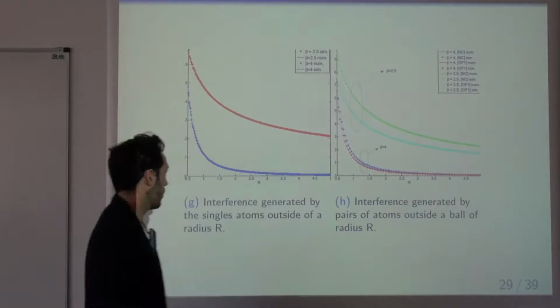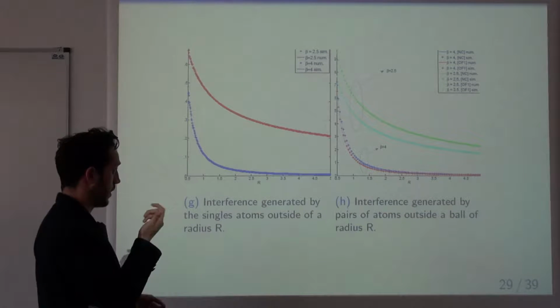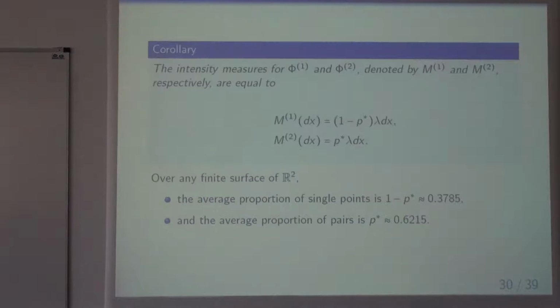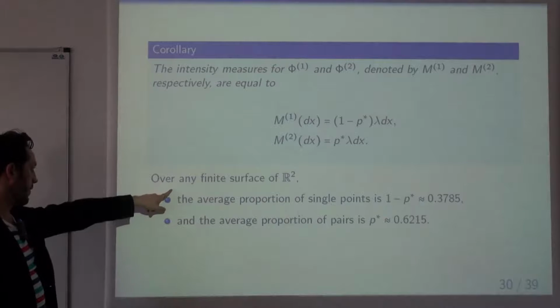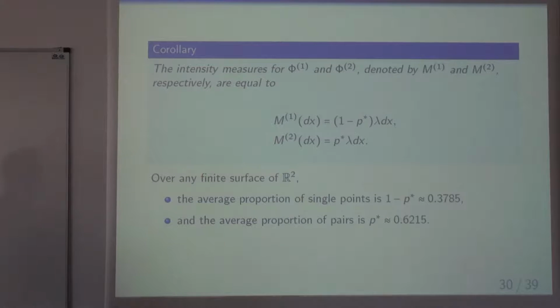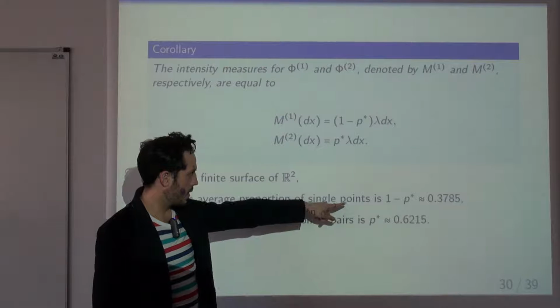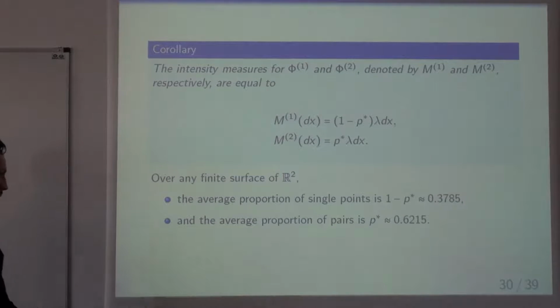So we can see that our numerical results and the analytical evaluation fit. And well, we have this. We found the intensity measure as a corollary, so we can conclude that over any finite surface of the Euclidean space, the average proportion of single points is 1 minus p star, and the average proportion of pairs is p star.